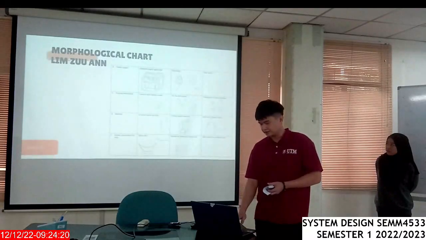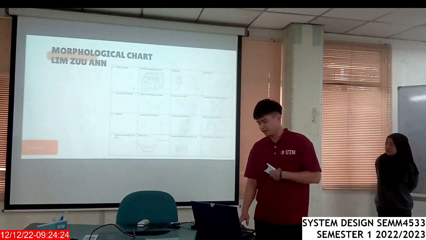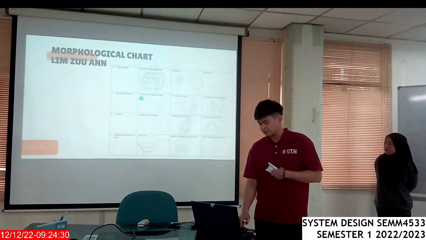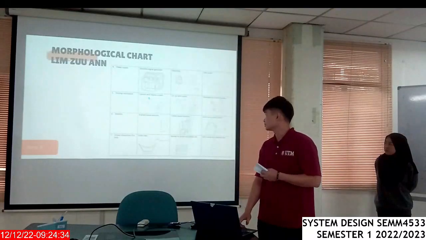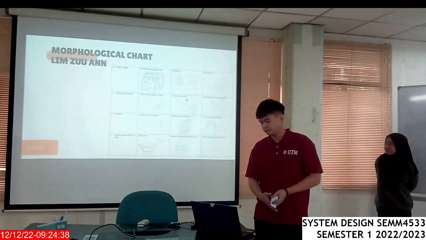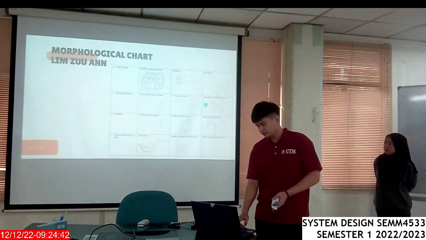The next criteria is the power supply. The examples of power supply for my morphological chart are gasoline engine generator, electricity, solar panel. For scoping mechanism, we have the camera with display screen, UV ray with sound, so we can detect the right FFB. After that, we also have telescope on screen review.